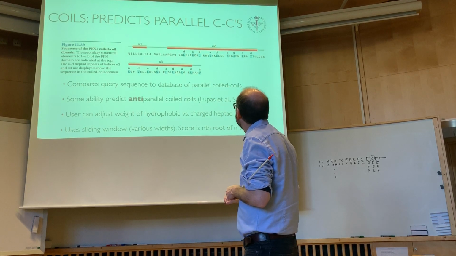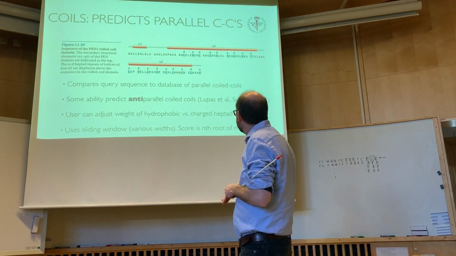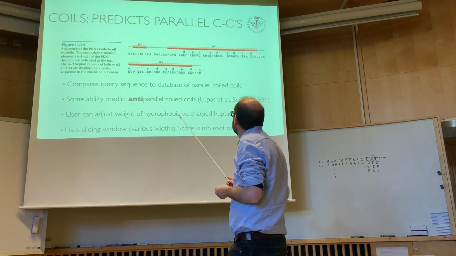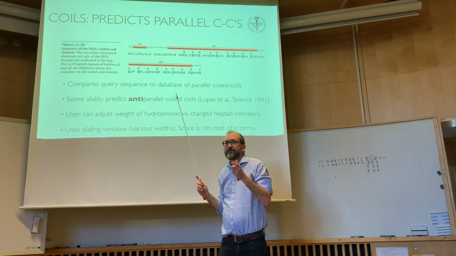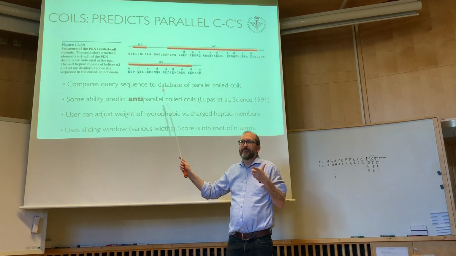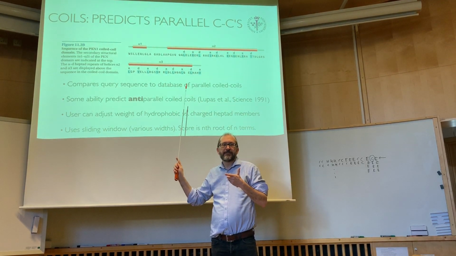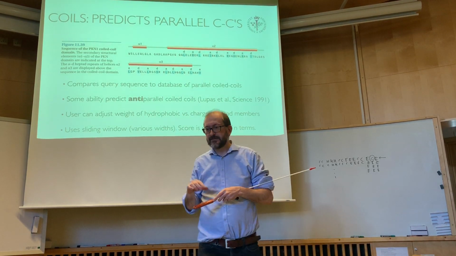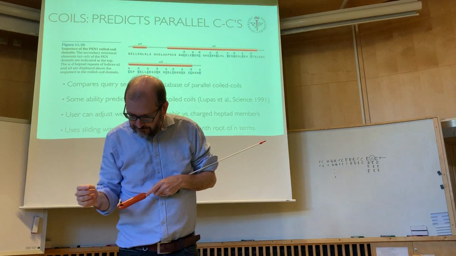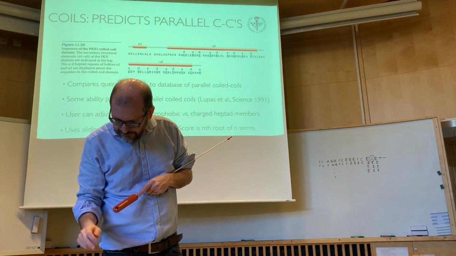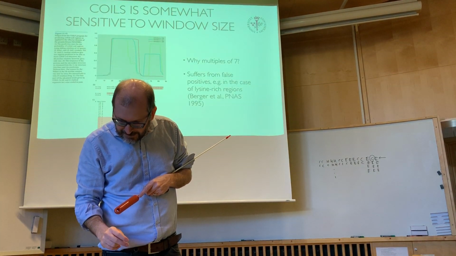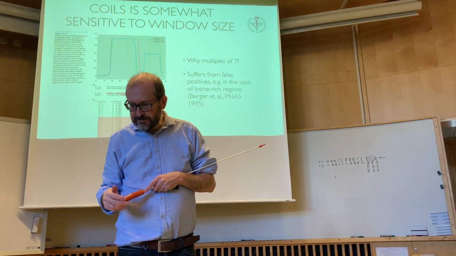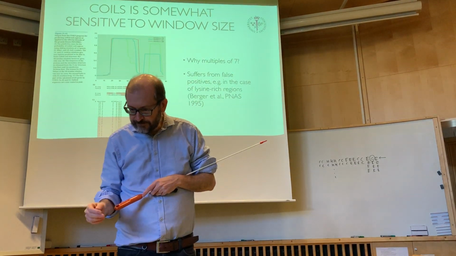But anyway, it's looking for a sliding window of 7, 14, or 21 residues that are enriched in residues following this pattern, right? And it gets different performances depending on whether you use 7, 14, or 21.